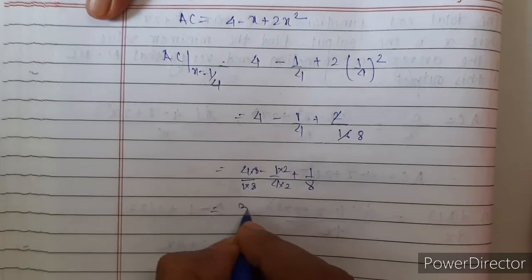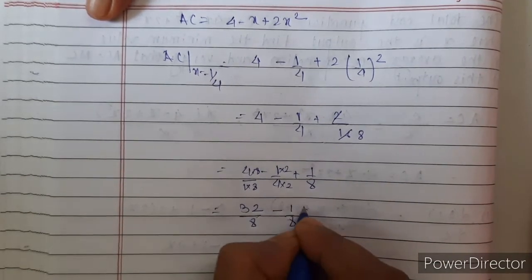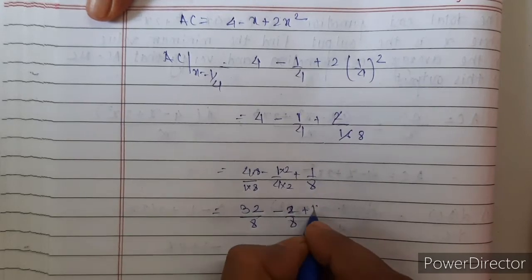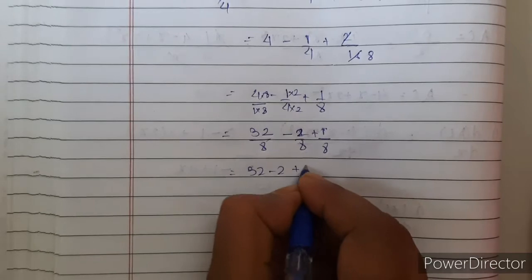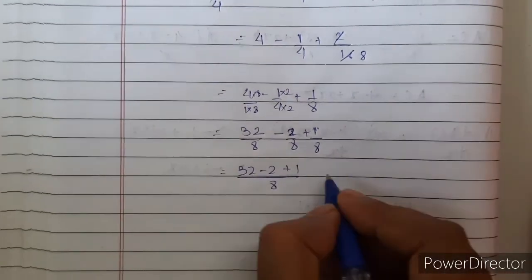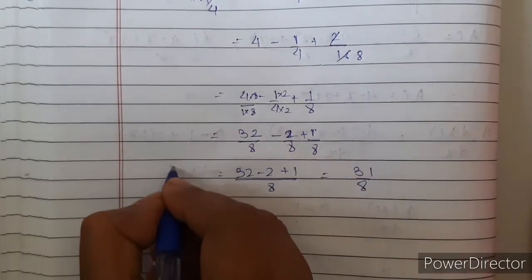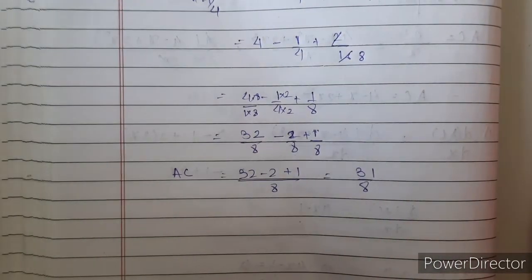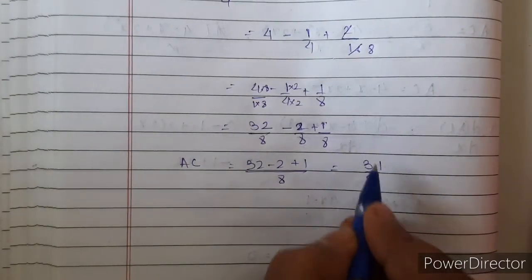So what we got? 32 by 8 minus 2 by 8 plus 1 by 8. This is 32 minus 2 plus 1 by 8. So what we got is 31 by 8. This is our average cost when output is 1 by 4. This is our minimum average cost.